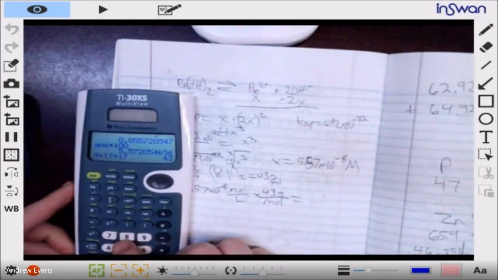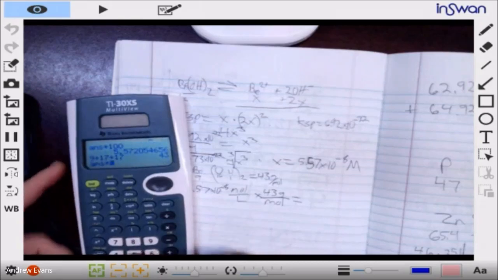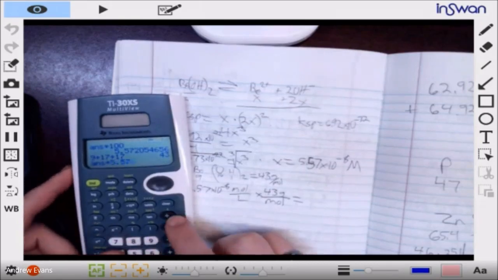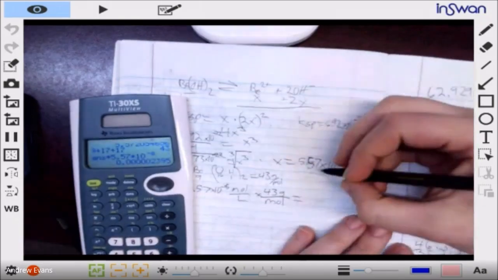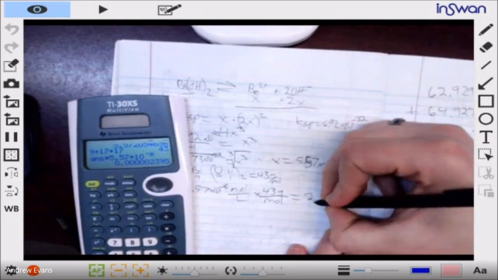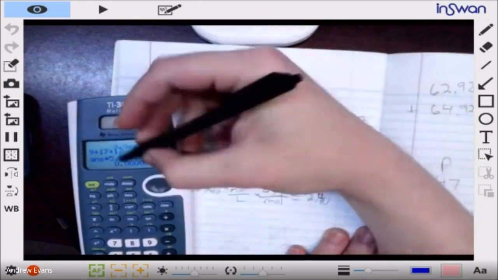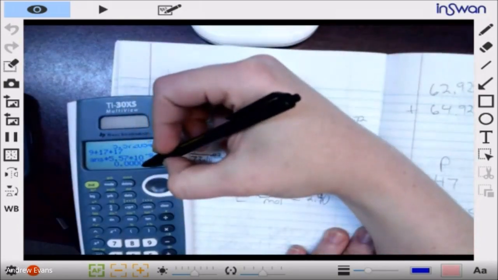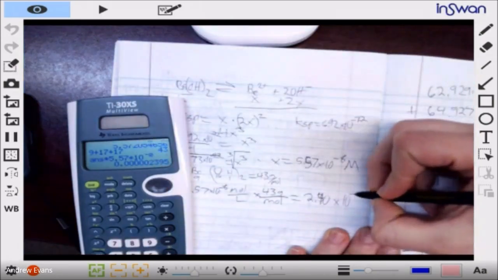And that will give us grams per liter. How many grams of beryllium hydroxide will dissolve? So we get 2.40 times 10 to the negative 6th.